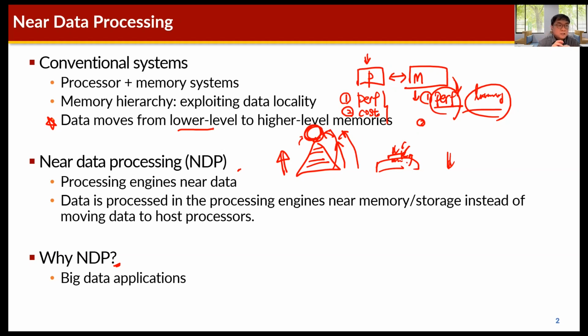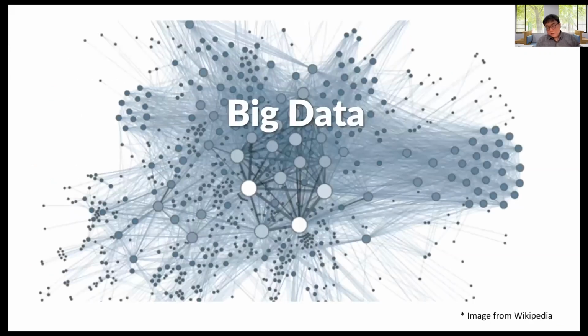The applications are changing, and as applications are changing, we can apply some modified, enhanced architecture to our computer systems. Okay, so let's talk about big data. What is big data?